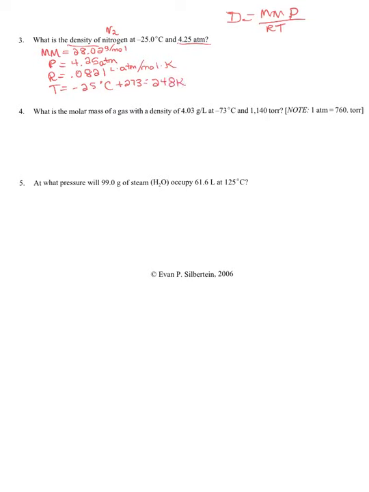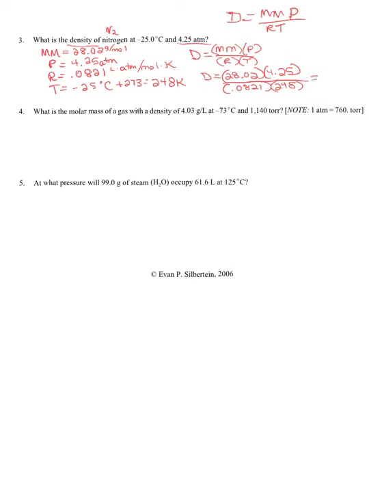So again, with our equation, D equals MM times P over R and T, plugging in for molar mass 28.02, plugging in for pressure 4.25, plugging in for R 0.0821, and plugging in for temperature 248.